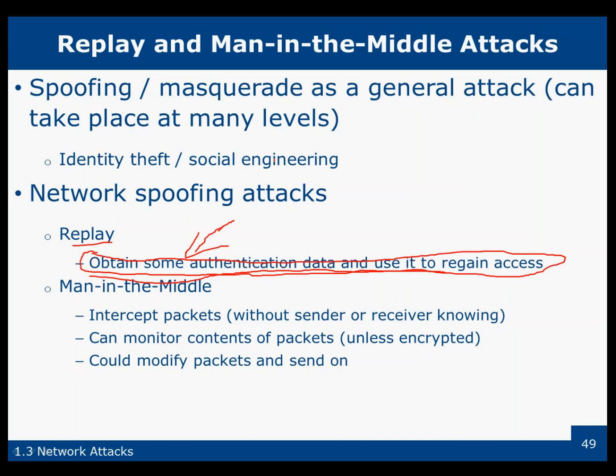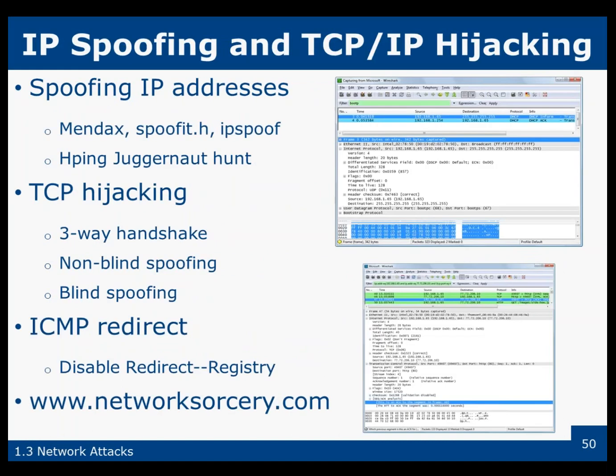Then all the traffic comes through us. We can monitor the contents, look at what's going on in the system, modify the packets perhaps. They talk about modifying packets. A lot of this stuff is not as easy as it sounds in some of the literature, but man-in-the-middle attacks are issues.